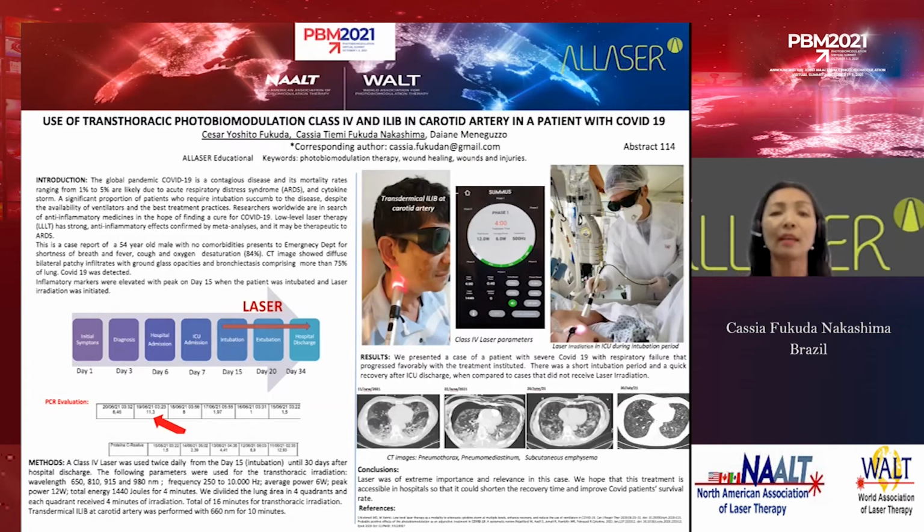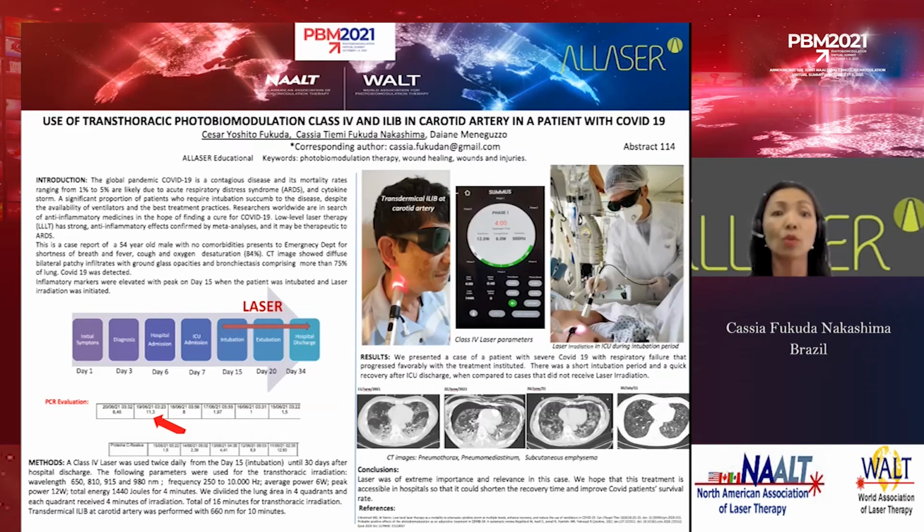And finally, on day 34, we had the hospital discharge. And from day 15 until after the hospital discharge, we used laser transthoracic and also at the carotid artery.